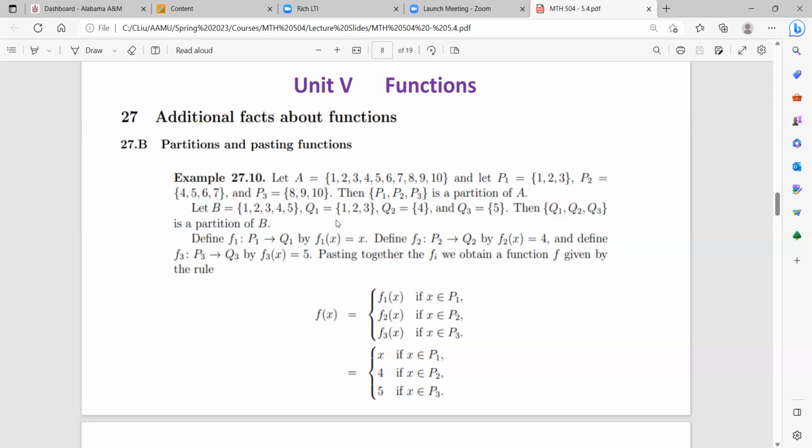Then we define 3 functions, F1, F2, F3, from P1 to Q1, P2 to Q2, and P3 to Q3, respectively. And then you just put all the 3 functions together, and you get the piecewise defined function like this.